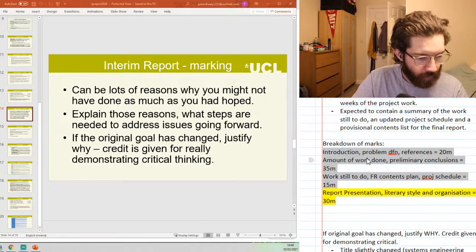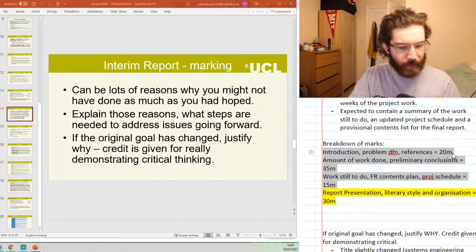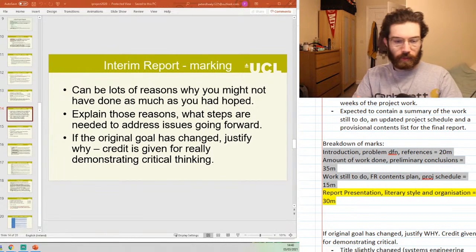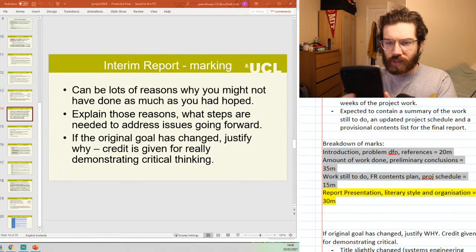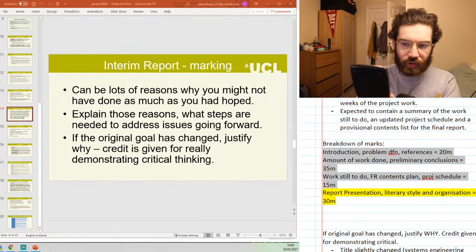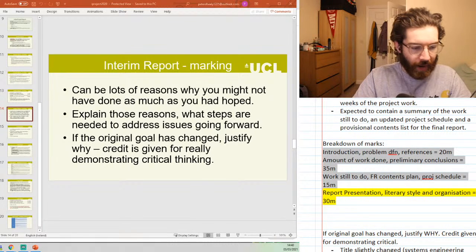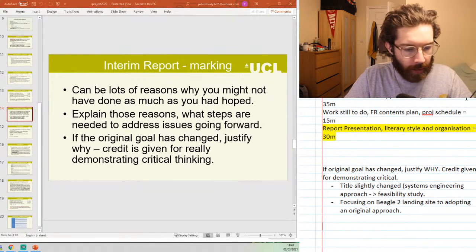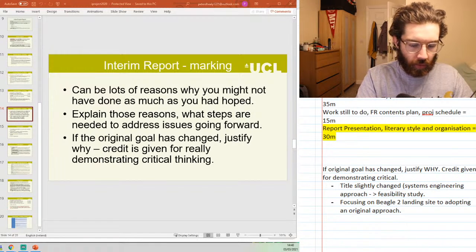So this is 70 marks total. Introduction to problem definition to references is 20 marks. So let me get my calculator out. 20 divided by 70 times 3000, and that gives me 860 words, we'll say. So my intro should be about 860 words, if you base it totally on the marks.